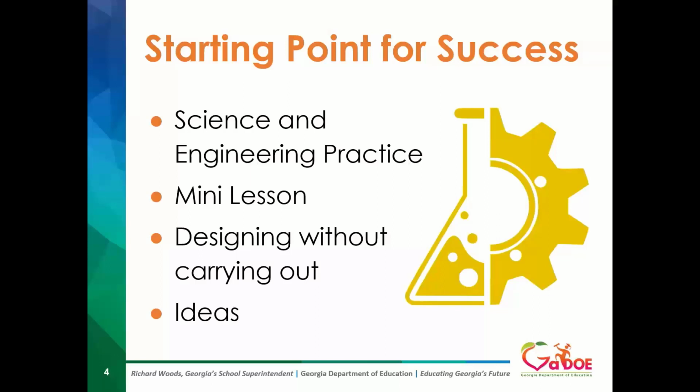And then some investigations that we do are solely design-based, where they're designing a product of some sort. And so the goal is for kids to be able to carry out their own investigations and design processes. And the best way to ensure that they understand what they're doing is by providing them with some background information on the science and engineering practices and the scientific method.